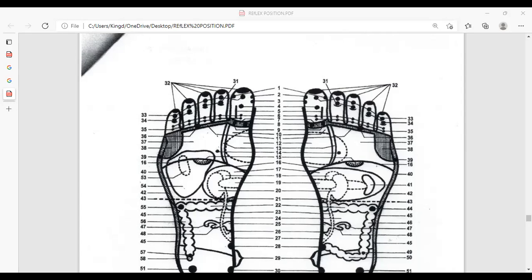Then we look at the pituitary gland, also labeled on the chart. It is located in the big toe, and you pressure that area 1, 2, 3. You're trying to pressure, and you're also feeling if there's any lump or any hard area.